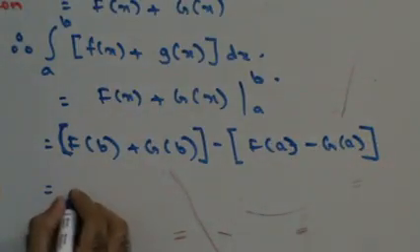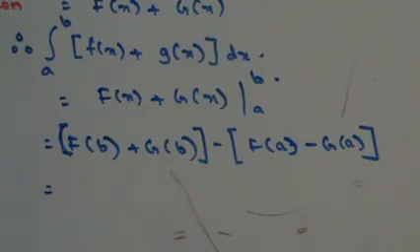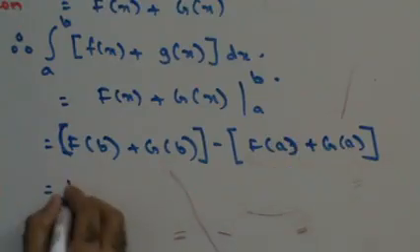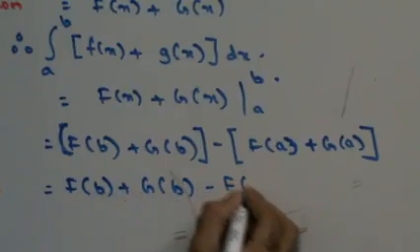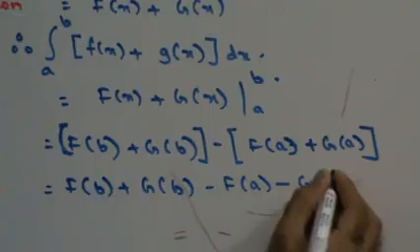Open the brackets and simplify this, guys. So in that case, this is F of b plus G of b minus F of a minus G of a.